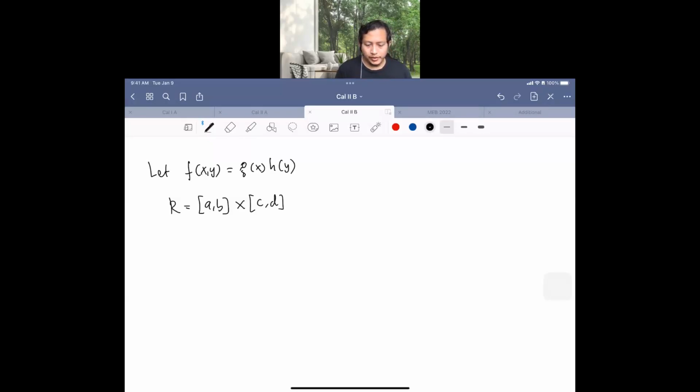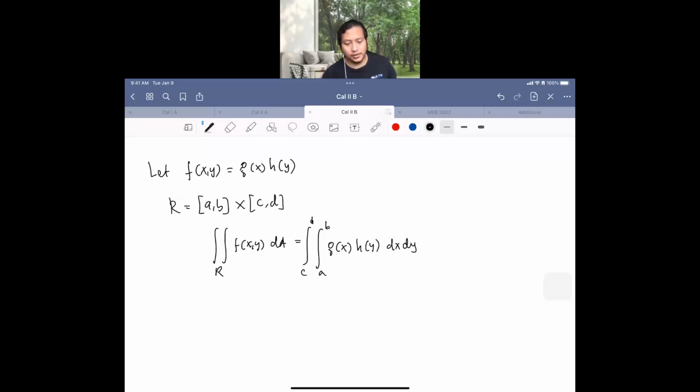Now, if we take the Fubini theorem, we can set up our integration: the double integral of g(x) h(y) dx dy, with a, b and c, d as the limits.